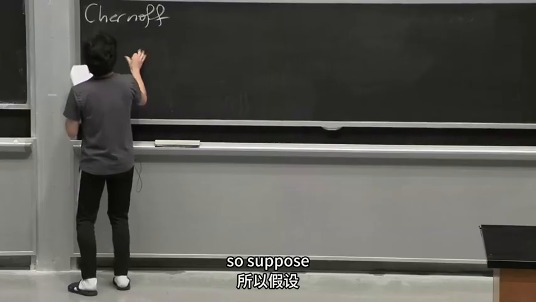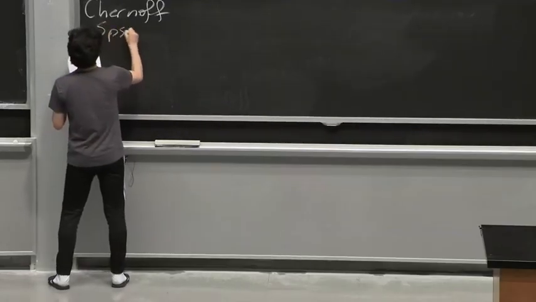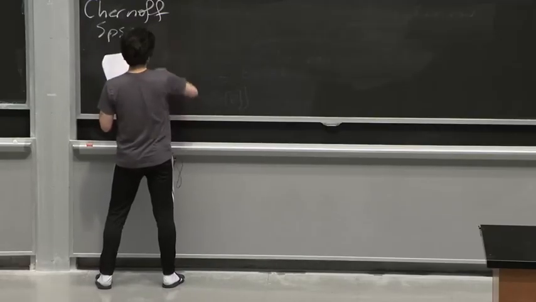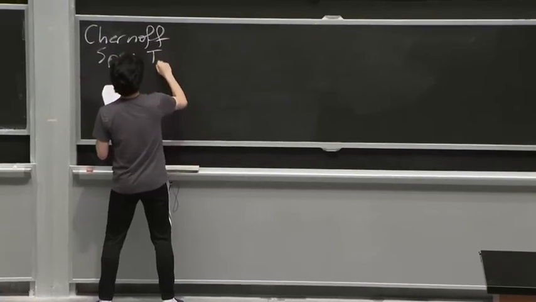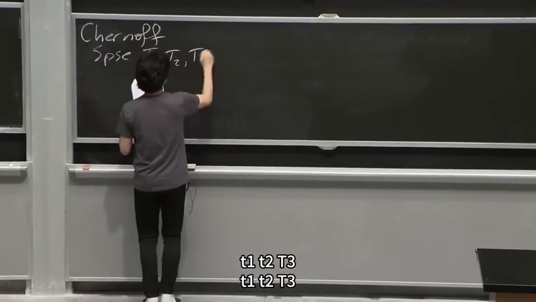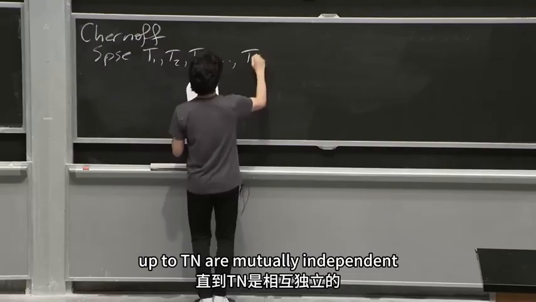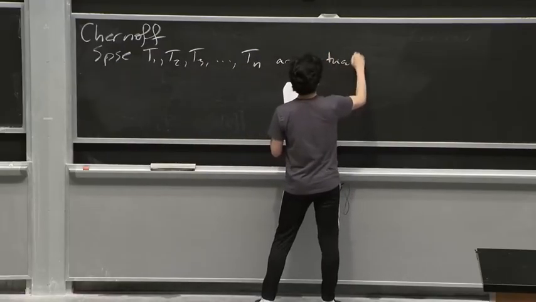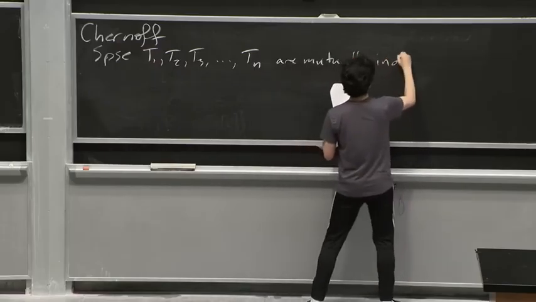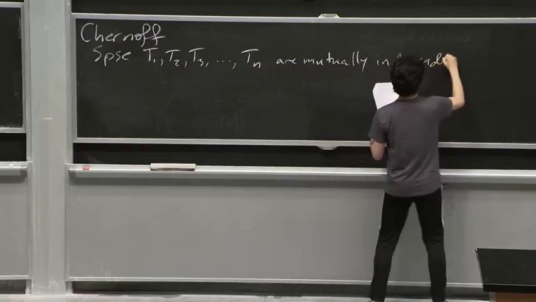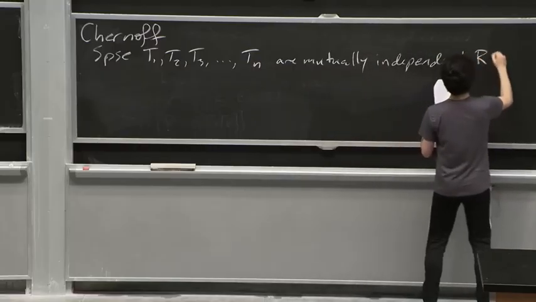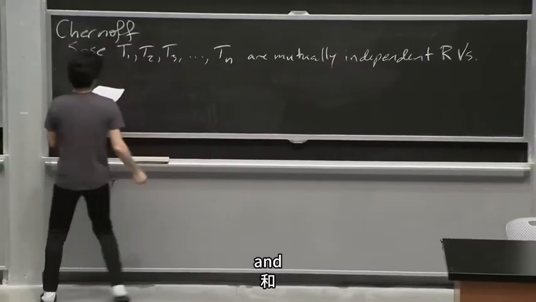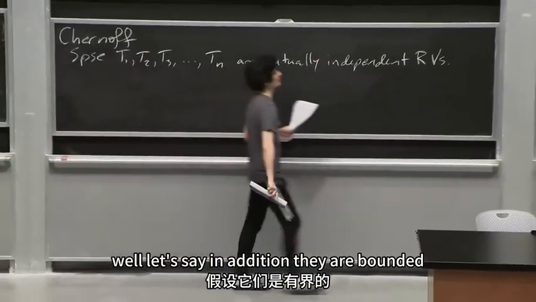Okay, so suppose T1, T2, T3 up to Tn are mutually independent random variables. And let's say in addition they are bounded.